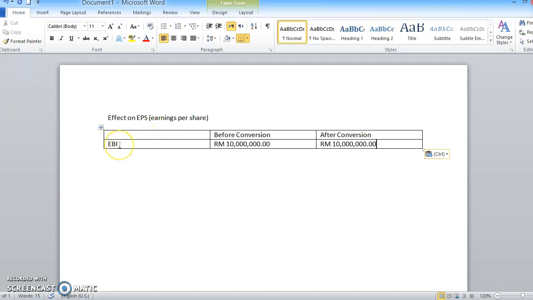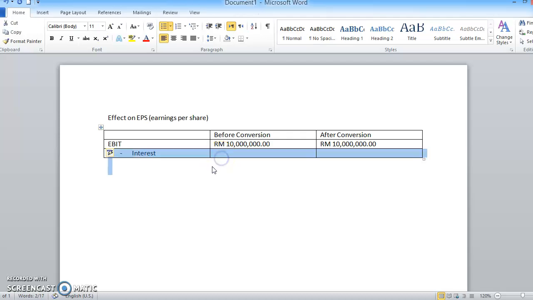So just the same as when we do an income statement, EBIT, and then you have to minus which one first? Minus the interest, yes. Okay, so minus interest. For this one it is not a tricky part, but you have to calculate the interest.